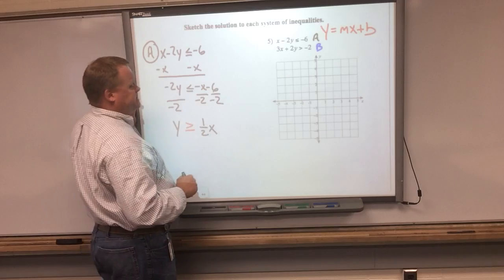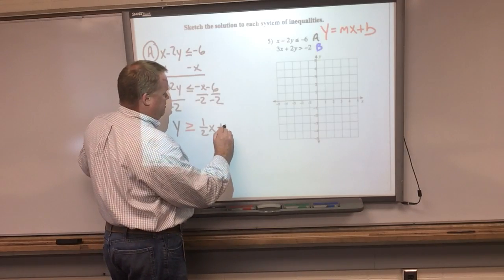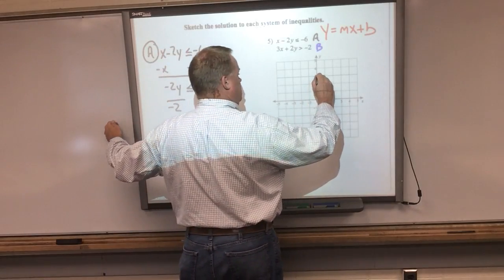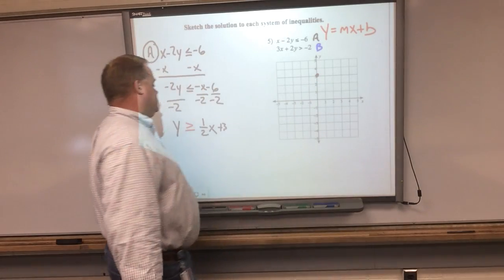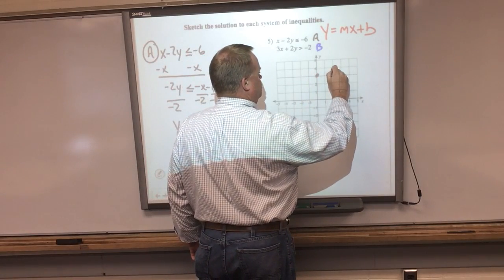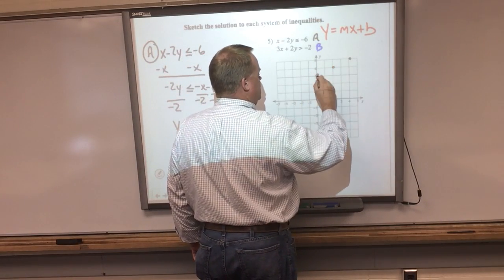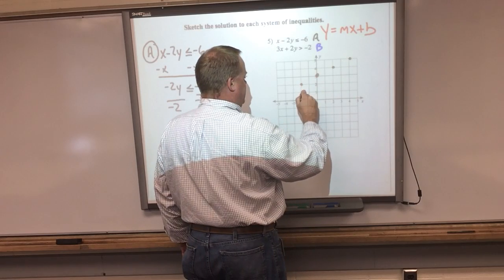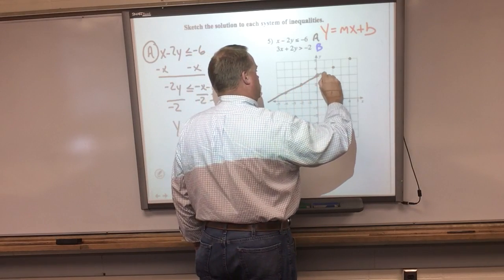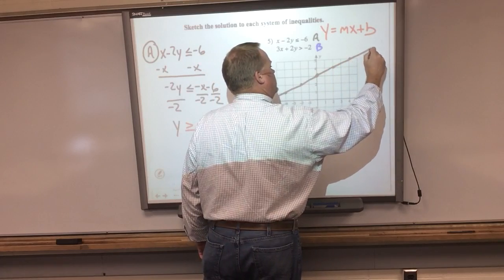And then negative 6 divided by negative 2 becomes a positive 3. So I know that my y-intercept is positive 3. My slope is 1 over 2. Up 1 over 2, up 1 over 2. Down 1 over 2, down 1 over 2. So I know my line is a solid line because it has the equal to bar underneath.